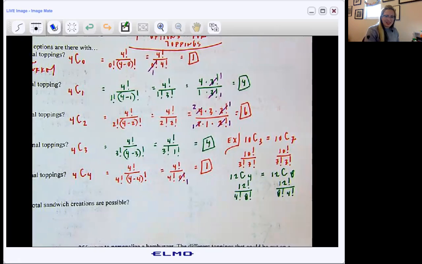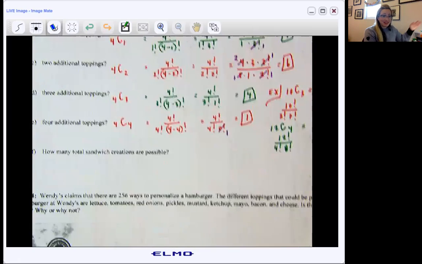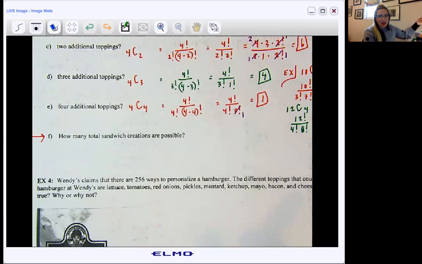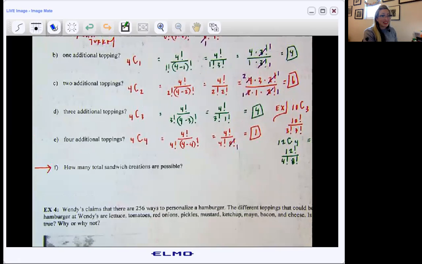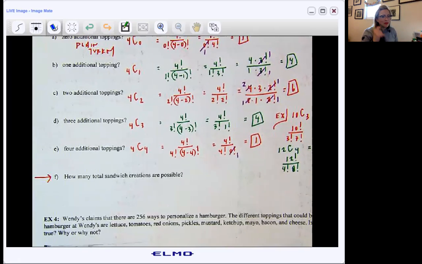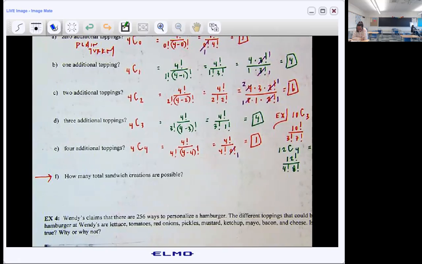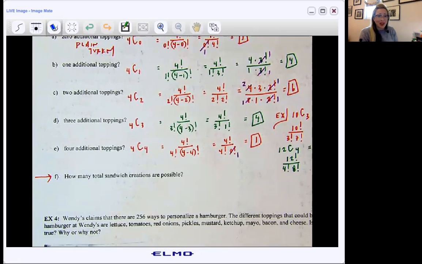All right, so then I said also that really what I want to ask is just F, right? I actually don't want to ask all those initial parts. I was just trying to build up to what we're going to get in F. So if I say, well, how many total sandwich creations are possible? Well, again, our girl Lily, she could have no extra toppings or all of them or something in between.